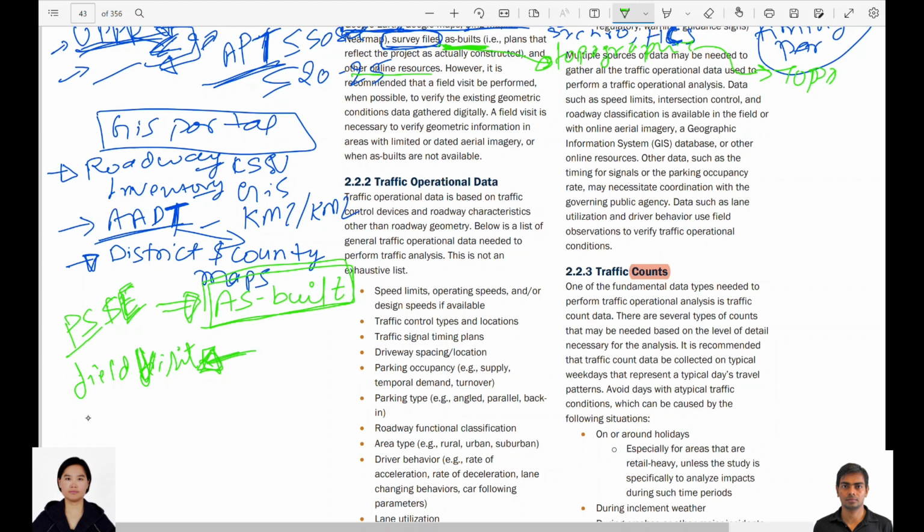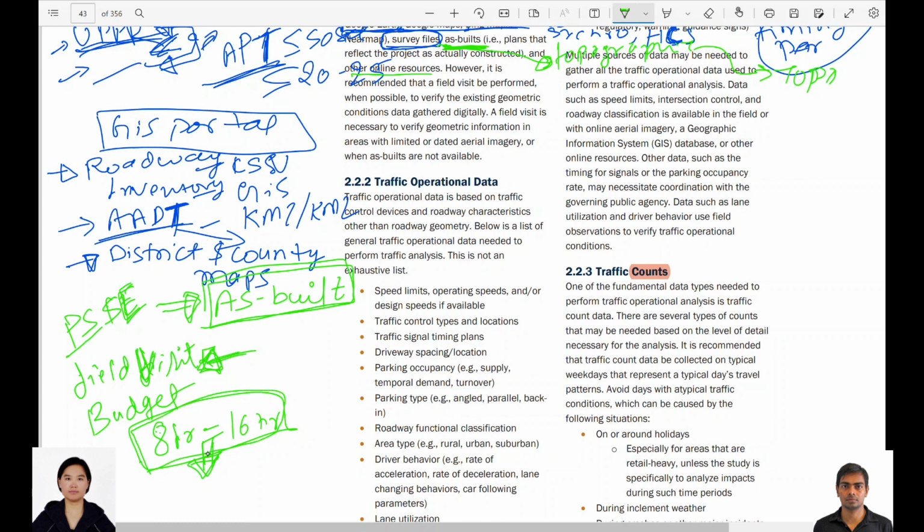However, because of budget constraints, even though it's a great idea and it's beneficial, it takes time to prepare for the field visit and go out in the field. If there are two people, let's say it takes between 8 hours to 16 hours in the field, and it does cost money to get the engineers in the field.